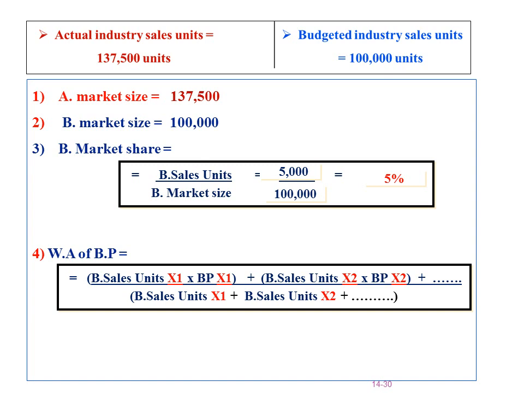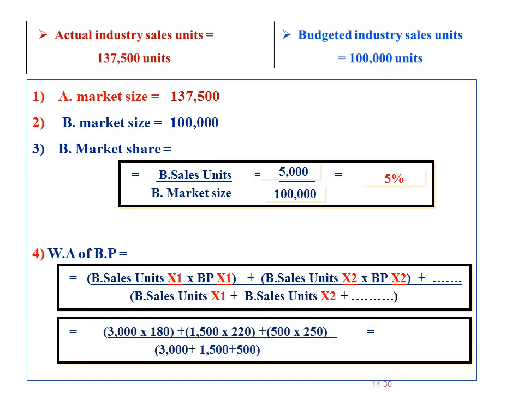I have a column for budgeted units and a column for budget sales revenue, so I can calculate the weighted average using the total budgeted sales revenue and the total budgeted sales units. Here, if I calculate, the weighted average will equal 199. Again, 199.